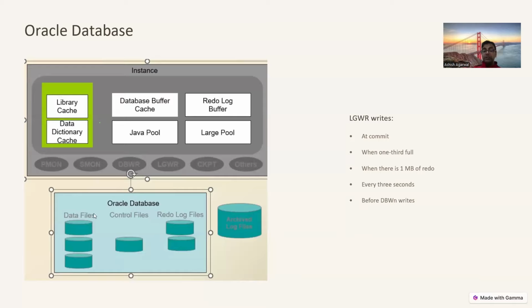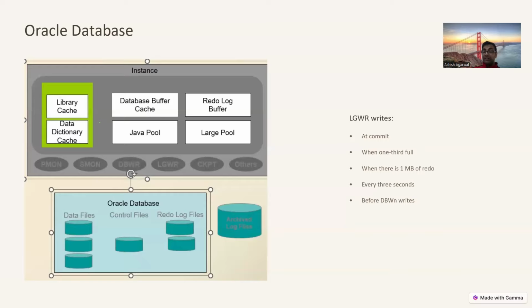That is called a dirty buffer. Whatever buffer gets updated or deleted or inserted, it means basically it gets changed. It is termed a dirty buffer at the database level. So that dirty buffer gets written into the database buffer cache.